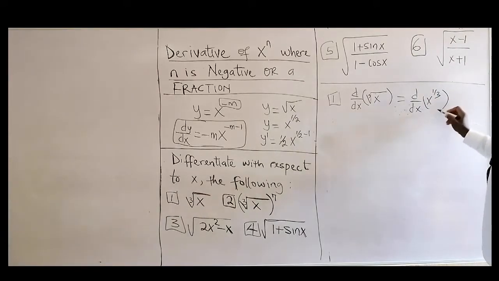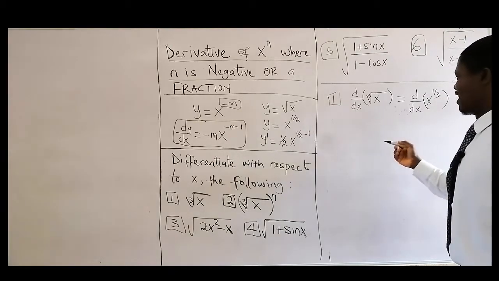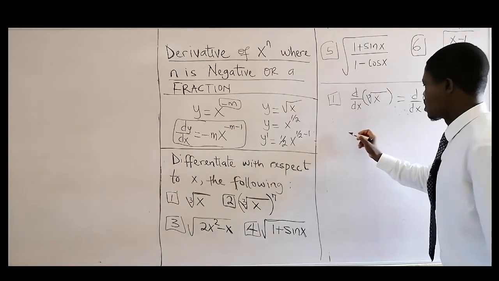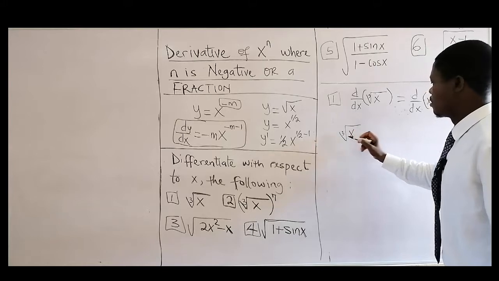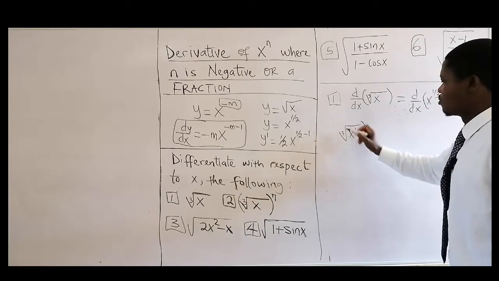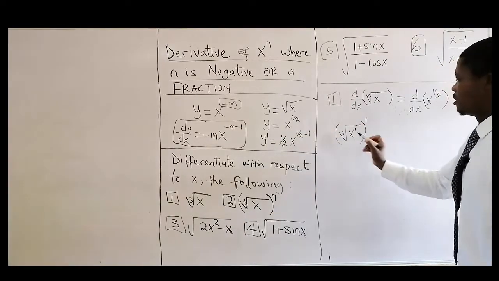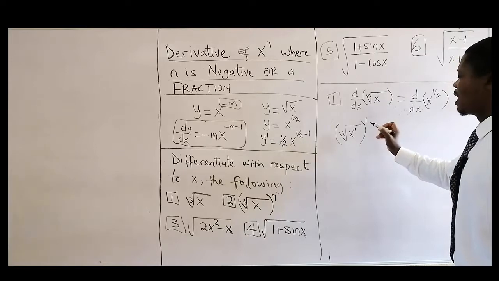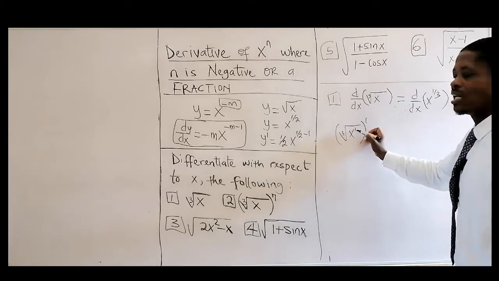Okay, and so that's that, because we've already established in the indices that when you have something of this nature, the one inside the root will be division of the power.